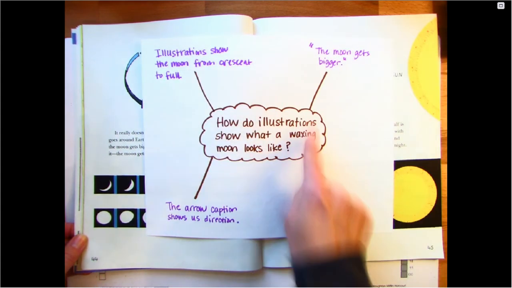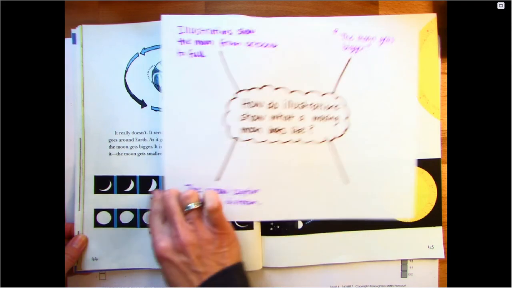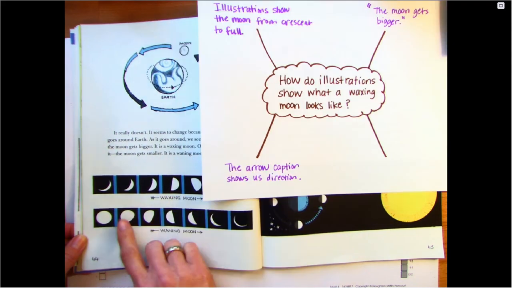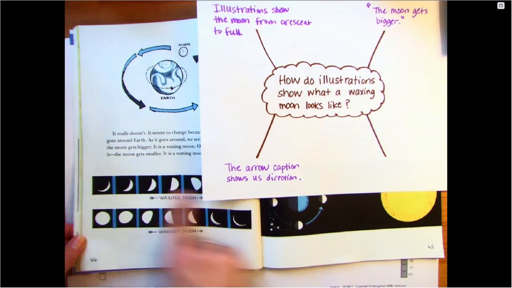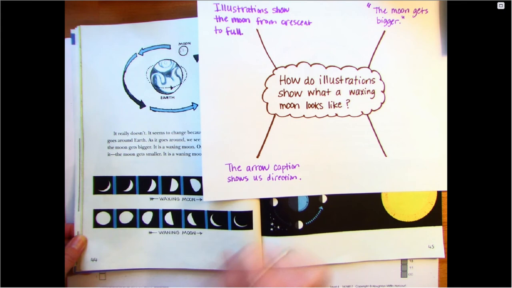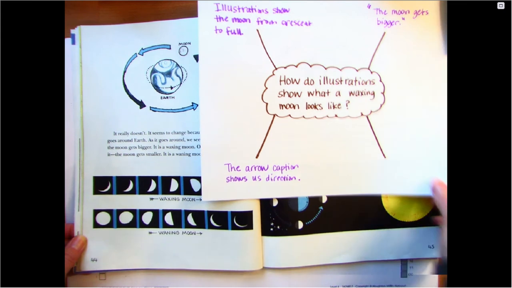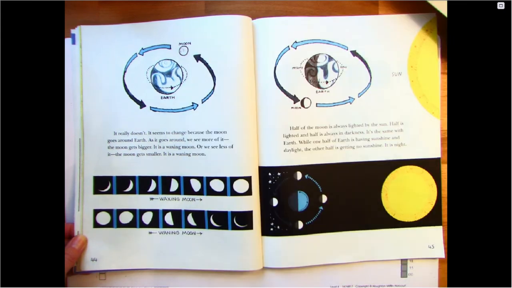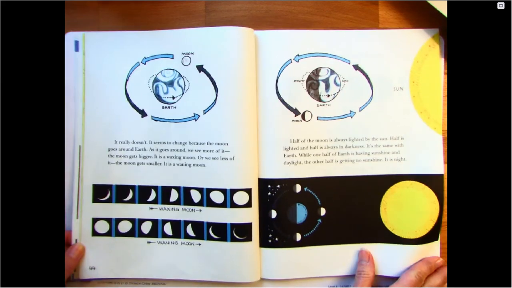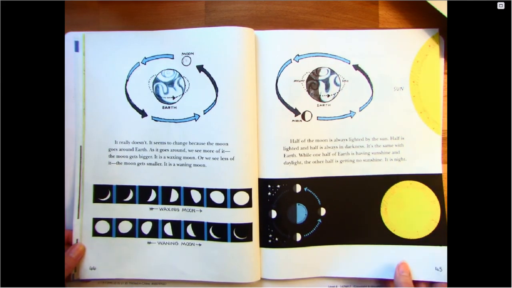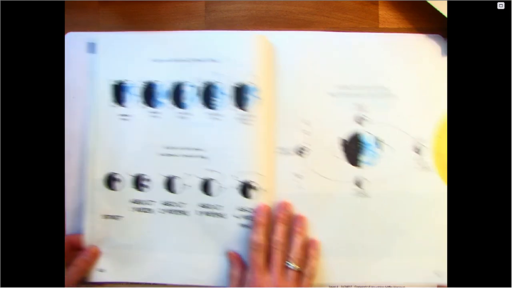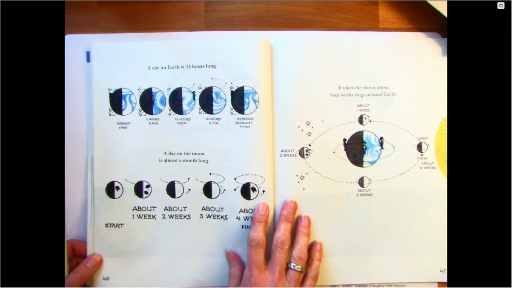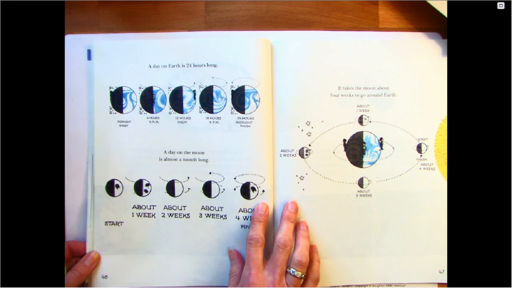So just by asking myself a question, how do these illustrations show what a waning moon or a waxing moon looks like, if I look at the illustrations along with the questions I'm asking myself, it's going to help me understand the text more. It's not enough to just look at the pictures. It's not enough just to read the words. You have to use them together. That's why they're there. They have a purpose, right? They're showing us information that we might not be able to understand without some of these pictures.